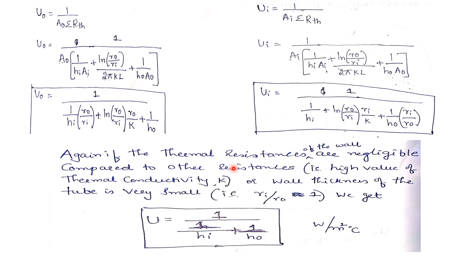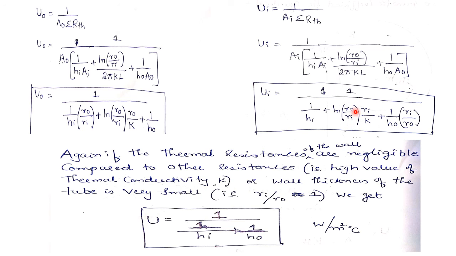So now here also, if the thermal resistance of the wall is negligible as compared to the other resistances, that is, high value of thermal conductivity K, or the wall thickness of the tube is very small, that is, the ratio of Ri by R0 is very small, equal to 1, and we are neglecting this term here.